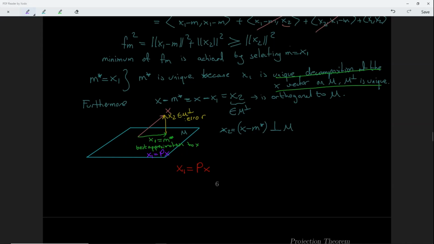So once you find Px, which will be x1, if you multiply it once again with the P matrix, the projection matrix, then it will be equal to the vector itself.